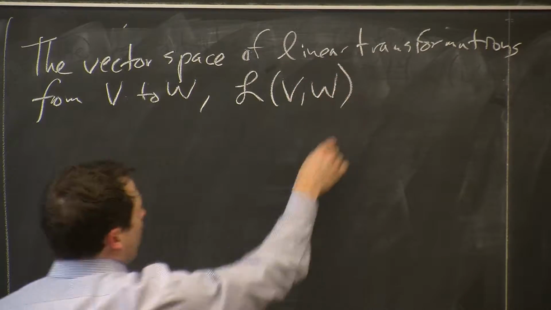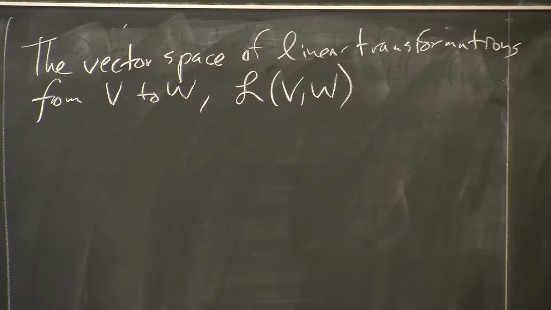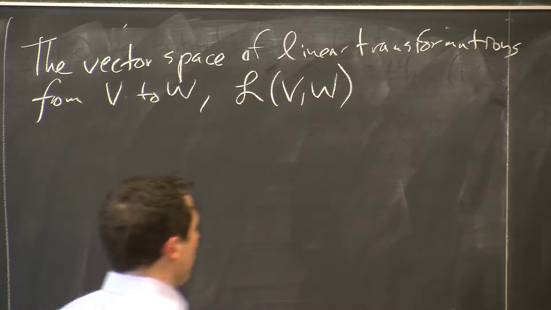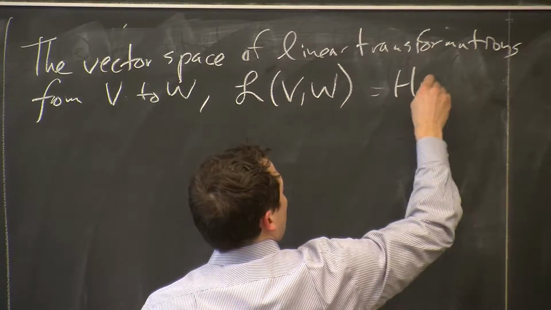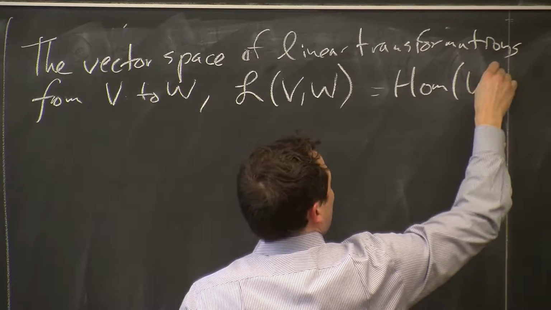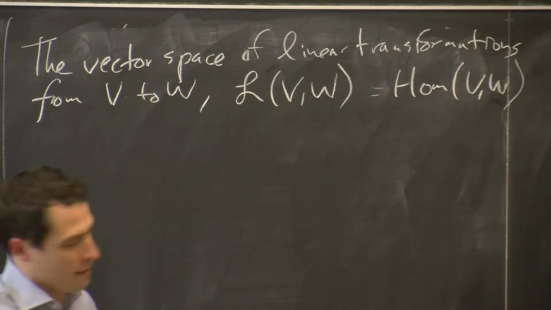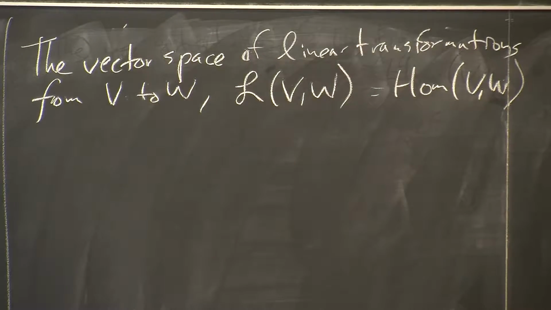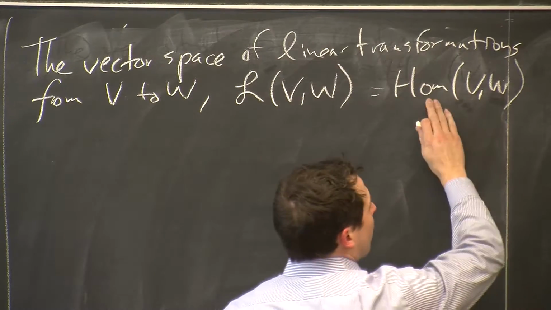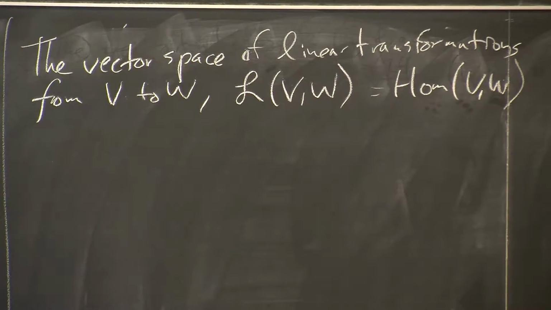In this book, it's usually called L of V, W. And I mentioned some other names, like Hom of V, W, which stands for homomorphisms. That is, it's the structure-preserving map in whatever setting we're talking about. Here, vector spaces and linear transformations. So it's a homomorphism of vector spaces from V to W.